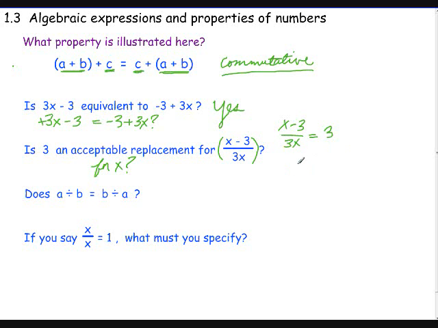Will this turn out to make any sense? We are dividing by 3x, so to simplify things, let's multiply both sides by 3x. That'll give us x minus 3, and then 3 times 3x equals 9x. Then we'll subtract x from both sides.